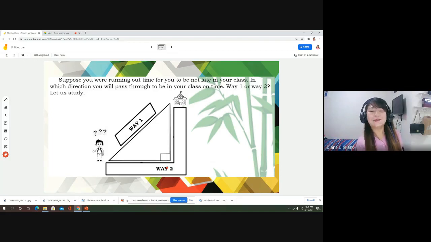Of course, the shortest way would be the way 1. Even though the hypotenuse is the longest side of the right triangle, if we combine the two sides, of course, the hypotenuse will be the shortest among them because it is in a diagonal direction.